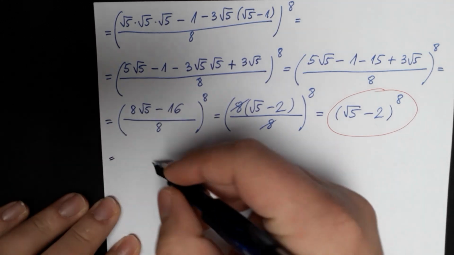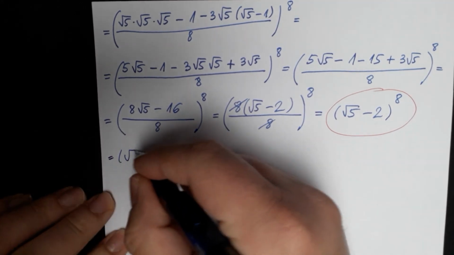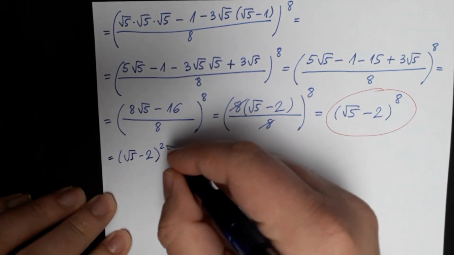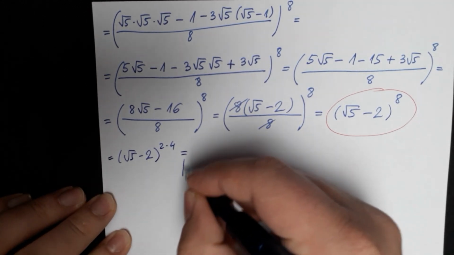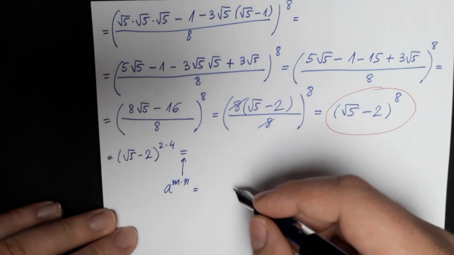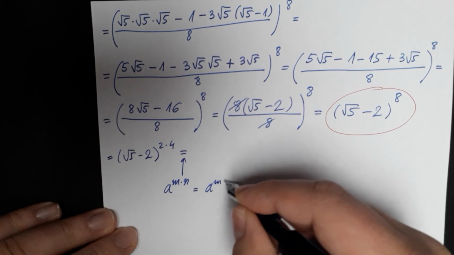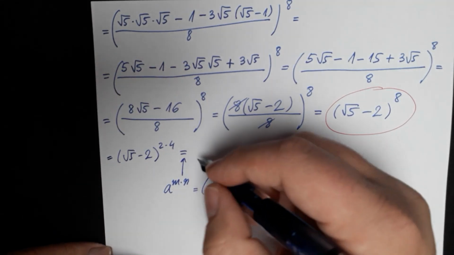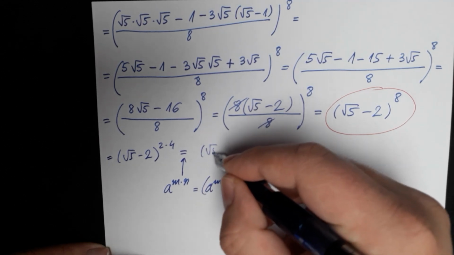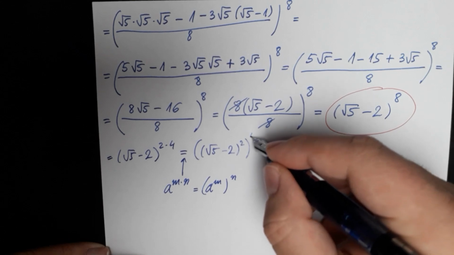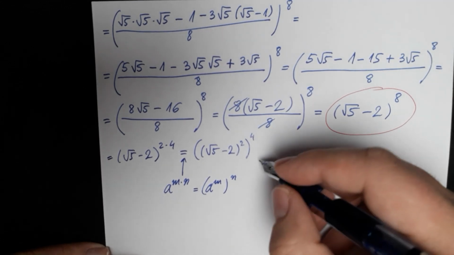What I have in the direct calculation is a square root of 5 minus 2, and I can write 8 as 2 multiplied by 4. Again, I'm going to use the rule that a to the power m multiplied by n is a to the power m, and then everything to the power n. So this is going to be the square root of 5 minus 2 squared, and that entire thing is going to be raised to the 4th power.